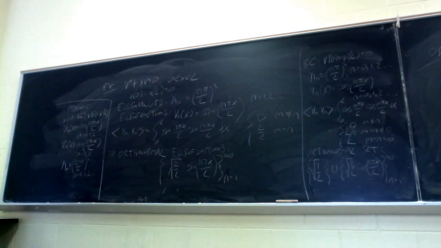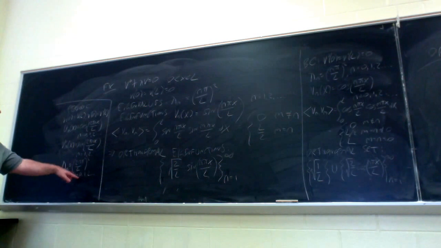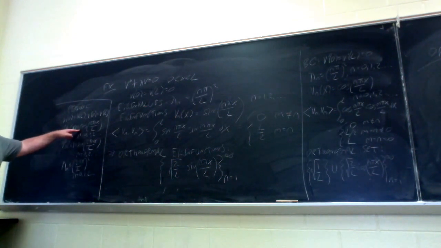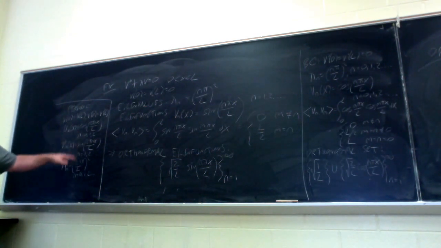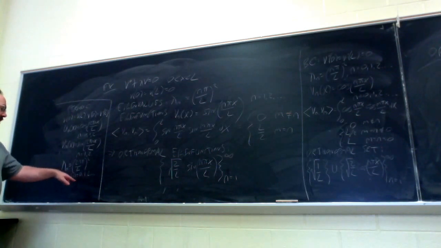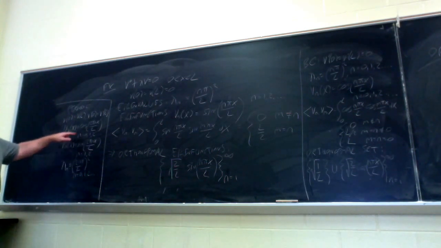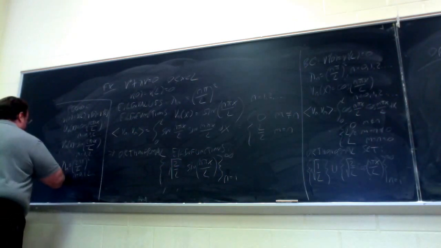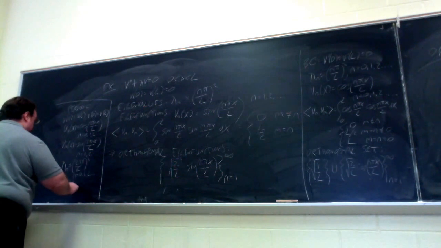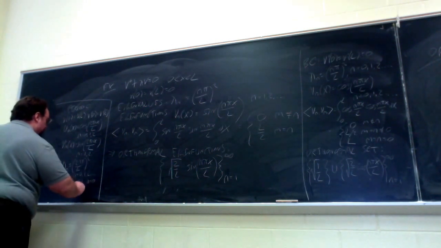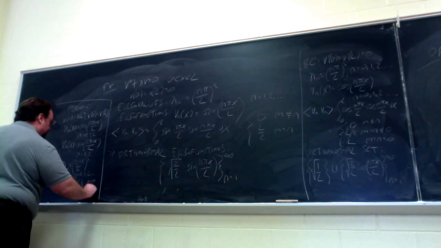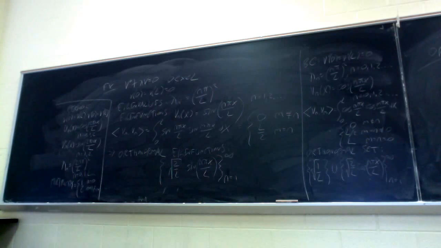So when n equals 0, you only have the cosine, so it's 1, a constant function. When n is greater than 0, so for n equals 1, 2, and so forth, you have both the cosine and sine as the eigenfunction. So multiplicity is equal to 1 when n is 0, and 2 for all other values of n.